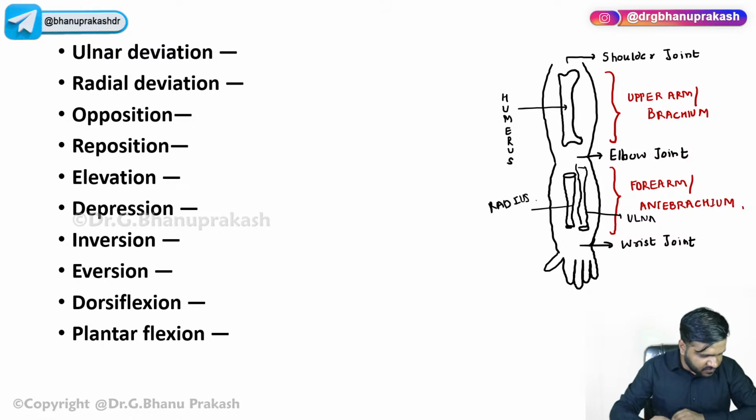Now you are going to tell me out of ulna and radius, which one is closer to the midline of the body in the normal anatomical position. Zara, you are right. Yes, Sabrina, you are right. Amreen, you're right. Which one is closer to the midline of the body in the normal anatomical position?